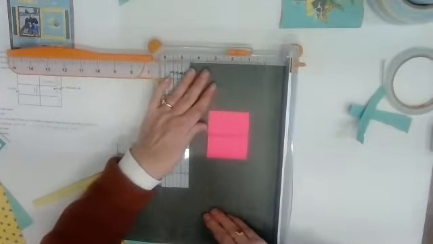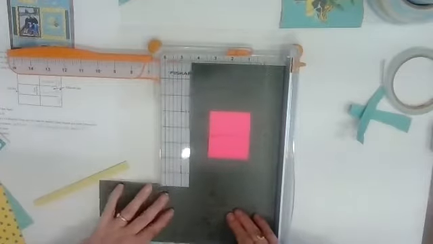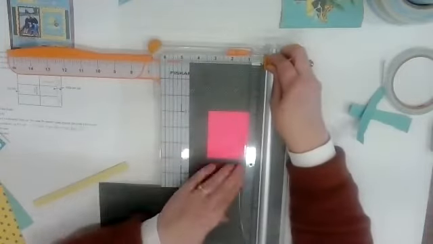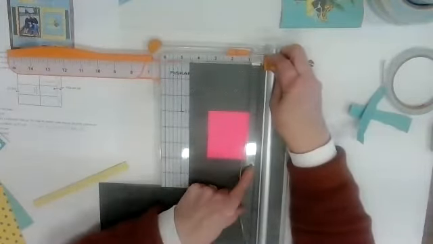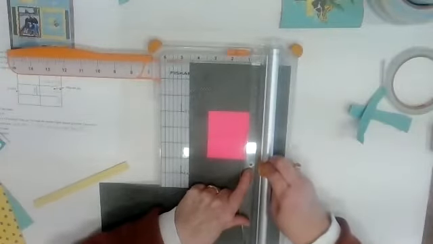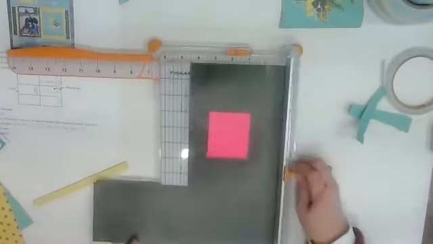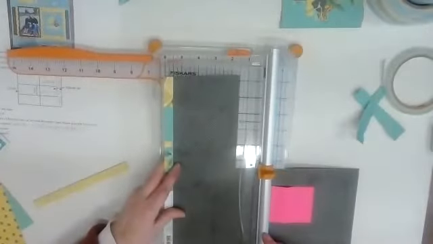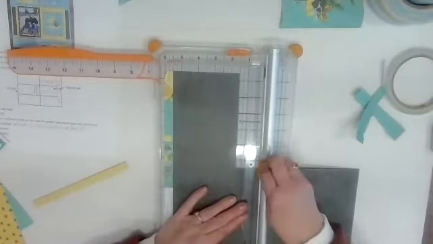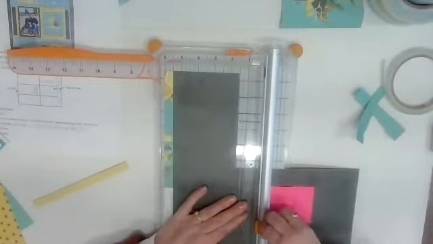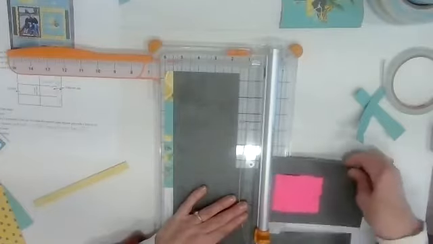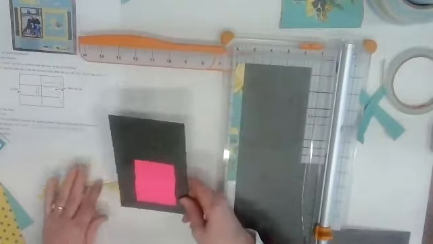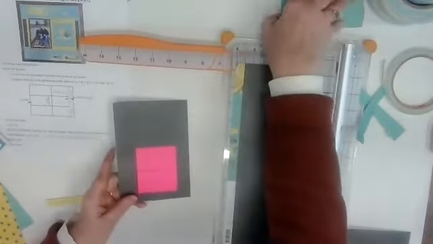And I'm going to go down 6.5 inches on my paper. I can see it right here. There you go. Then I'm going to turn my paper and get that cut in right there. So that is my photo mat for the picture, which I don't have.